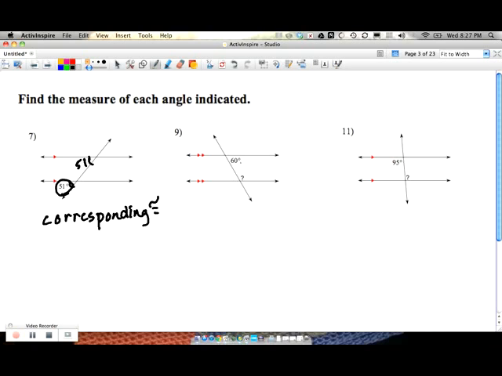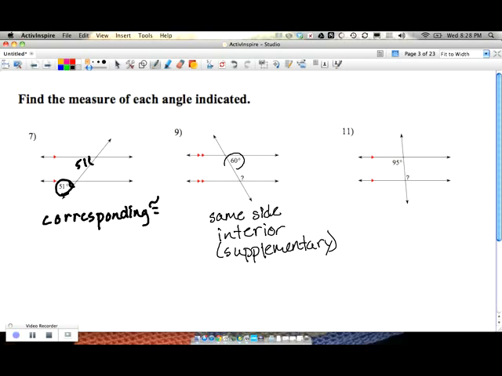Similarly, we have a pair of angles here, and they have a relationship. This is the same as the relationship we were just looking at. This is same side interior. So we had a corresponding and a same side interior. The difference for the second one is the relationship isn't going to be that they're congruent. Instead, they are supplementary. Angles that are supplementary add up to 180.